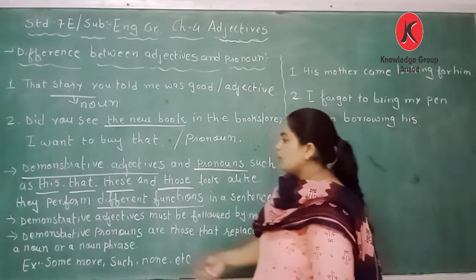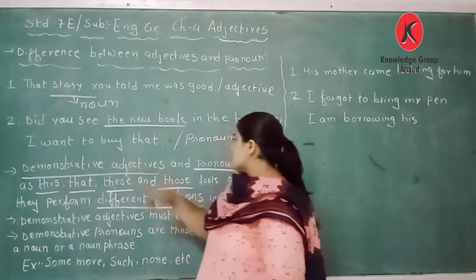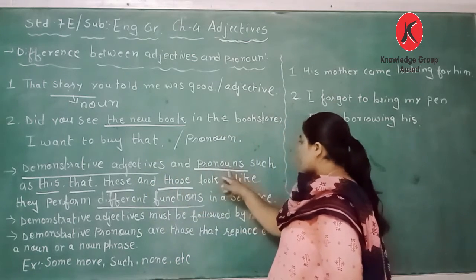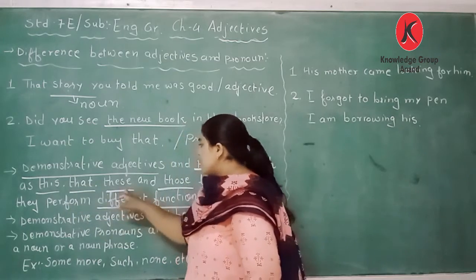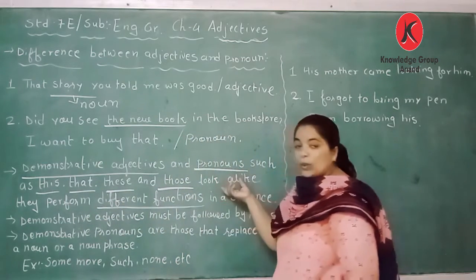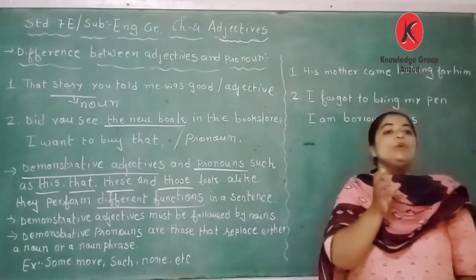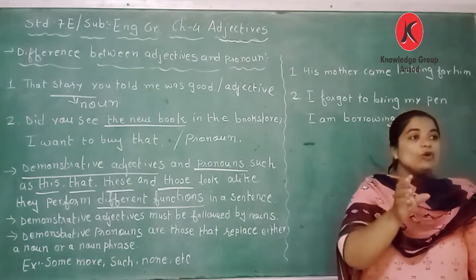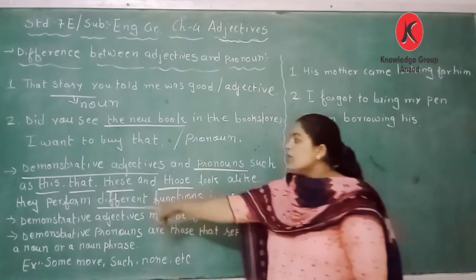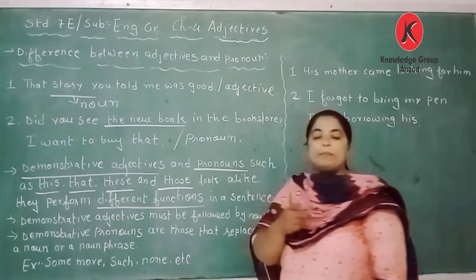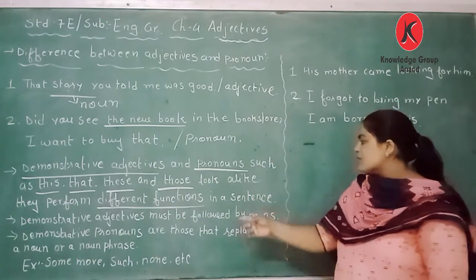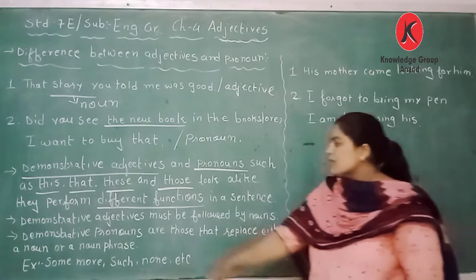Further, we learn that demonstrative adjectives and pronouns such as this, that, these and those look alike. Dear students, look alike means they look the same but they perform different functions in a sentence.